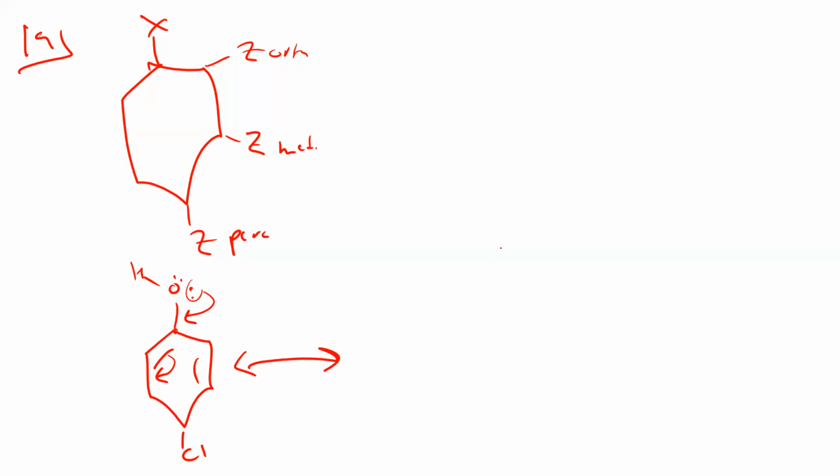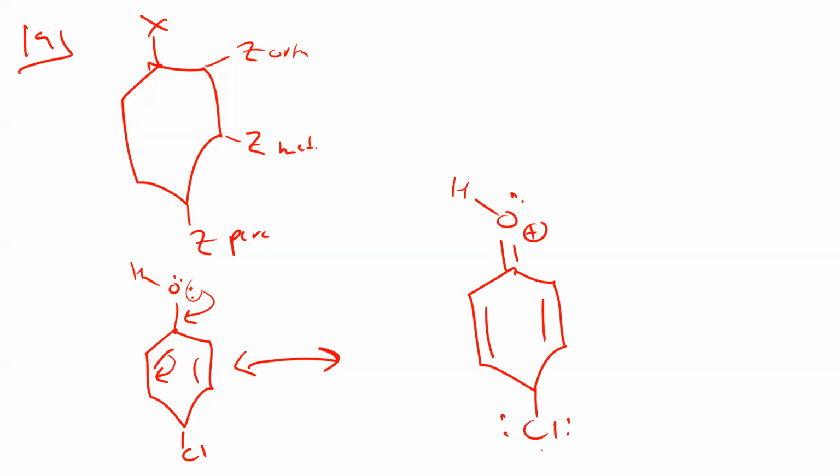So why don't we go ahead and draw that. We got that 6-membered ring, with the 2 double bonds, the positive charge is here, and chlorine is here. So that'd be the major contributor. That's 19.